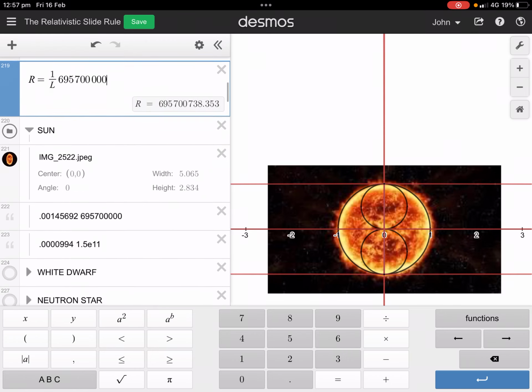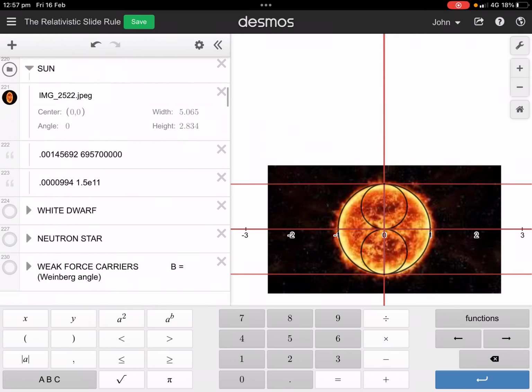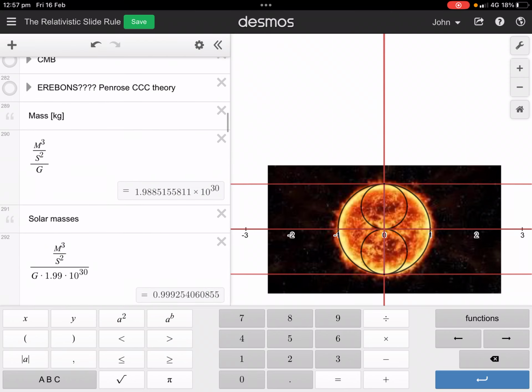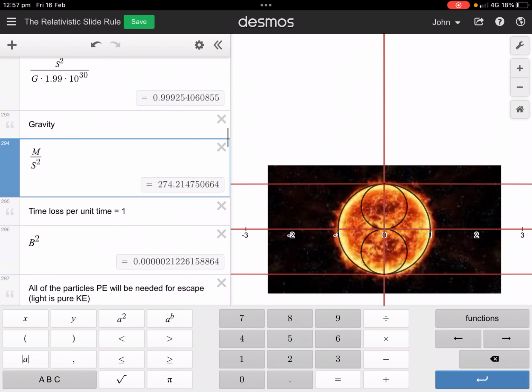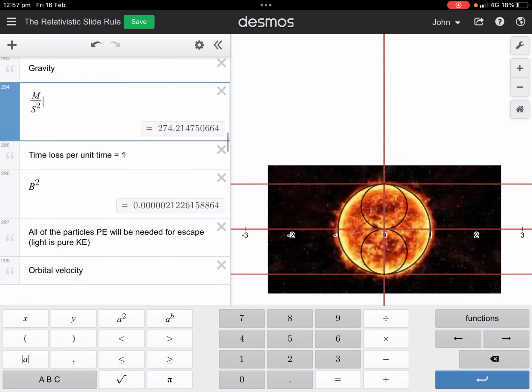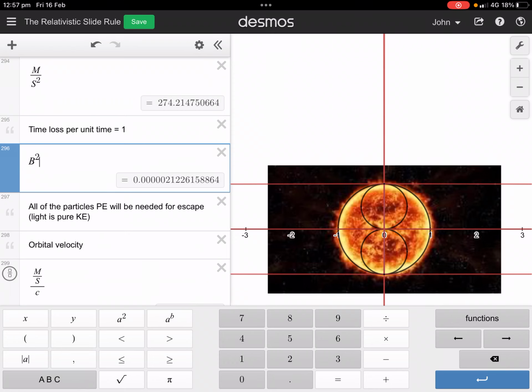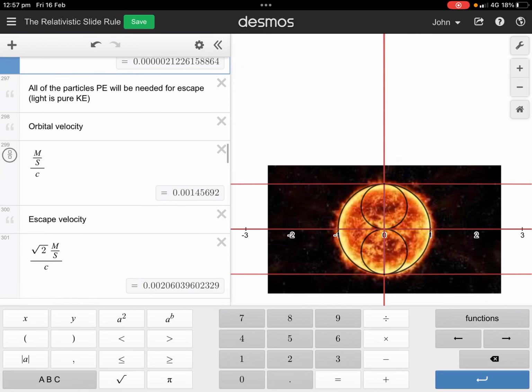Okay. And what are we looking at? We're looking at the mass. That's correct. The gravity on the surface, it's strong. The 274 meters per second squared compared to the Earth, which is 9.8 meters per second squared. That's stronger than the Earth, obviously.